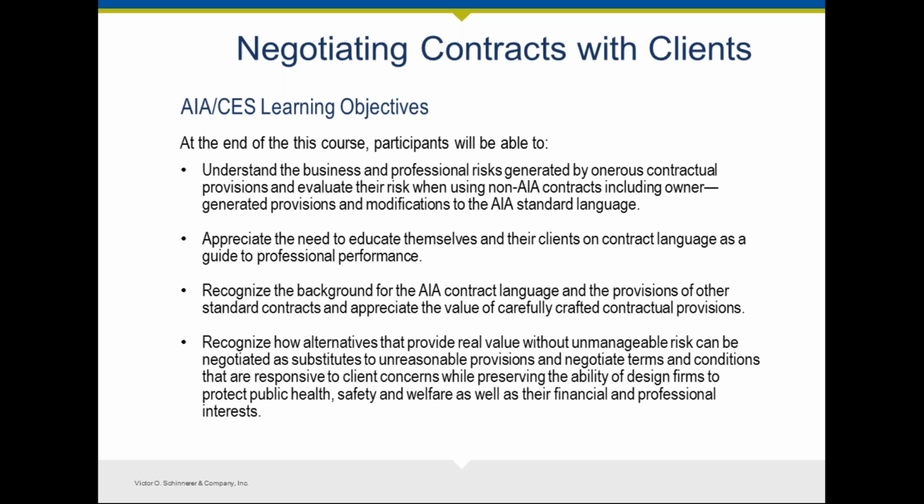Similarly, EJCDC will soon start the revision process for the E500 documents, and those are great documents if you can get to use them. However, a lot of times your clients have their own drafted agreements that they insist that you use, and you as design professionals need to be able to understand what the clients are asking of you and be able to effectively negotiate so that the terms are more reasonable.